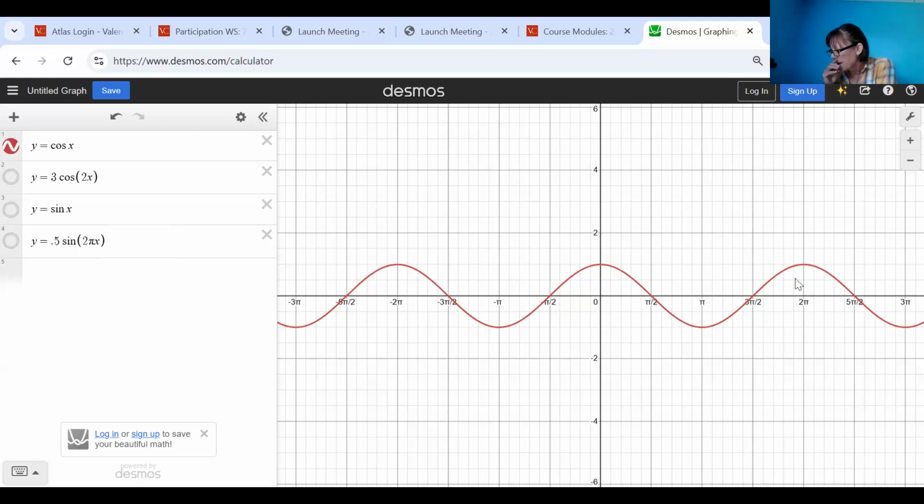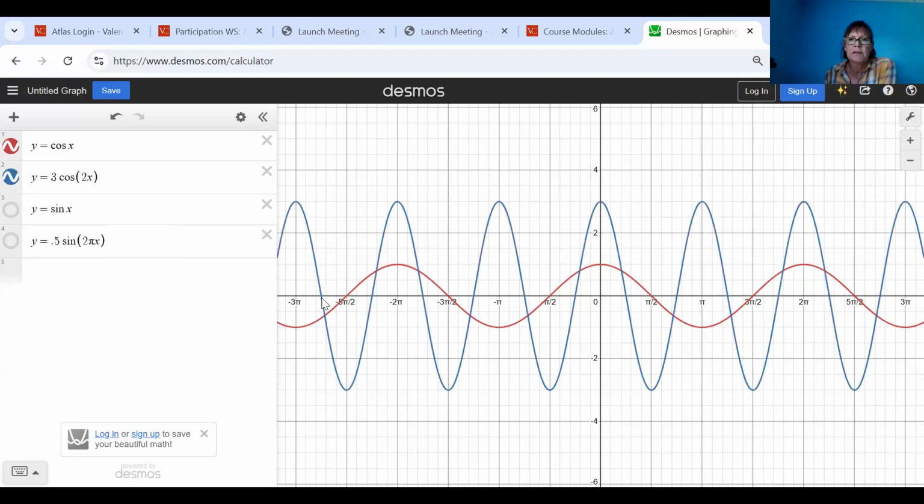So we graph those. Now, we just got through graphing 3 cosine of 2x, so I'm going to put that one on here. This is what it really looks like. We graphed ours on our paper and it doesn't really show the big effect. What I want you to see is that this 3 in front of the cosine makes it go all the way up to 3 and all the way down to -3.